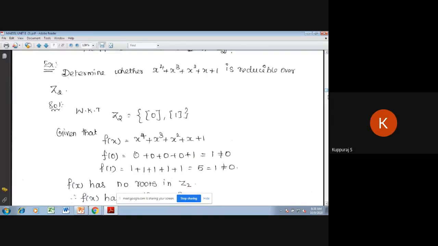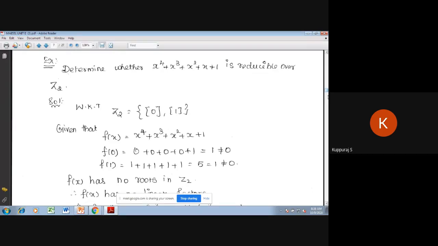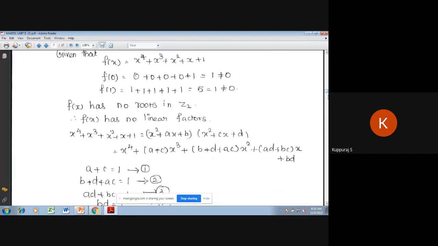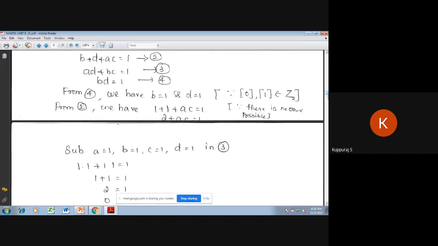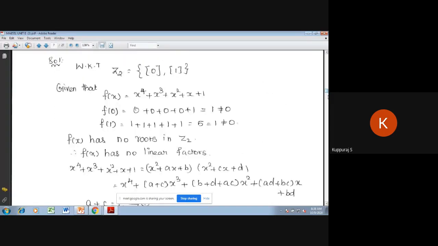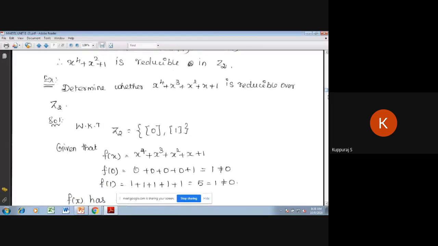And the next problem, determine whether x power 4 plus x cube plus x square plus x plus 1 is reducible over Z2. So we know Z2, the set, contains the two classes 0 and 1. The given polynomial f of x is x power 4 plus x cube plus x square plus x plus 1.